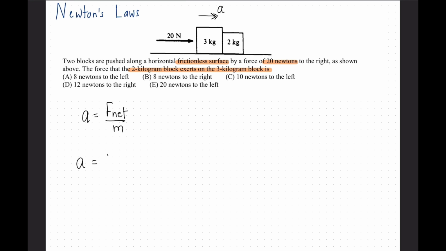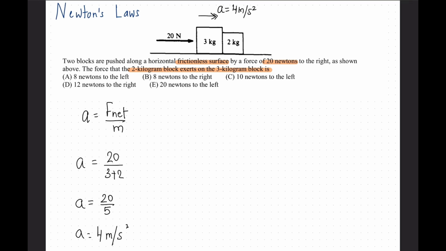So acceleration will be 20 over the total mass, 3 plus 2, which is 5. So acceleration will come out as 20 over 5, which is equal to 4 meter per second square. Now that's the acceleration for all the blocks, in this case 2 blocks, both of them will have the same acceleration, which is 4 meter per second square.